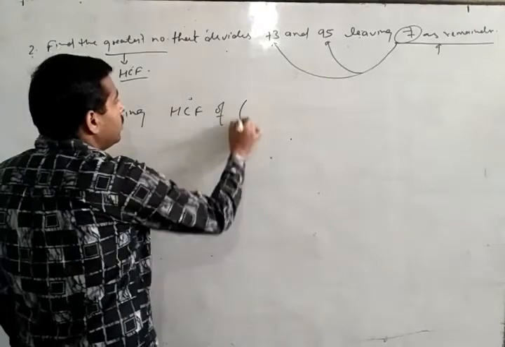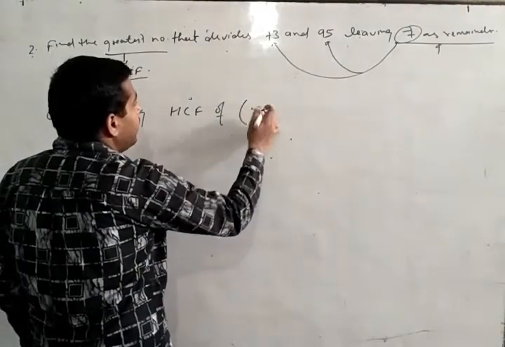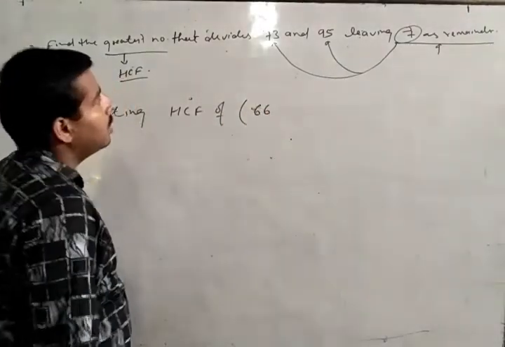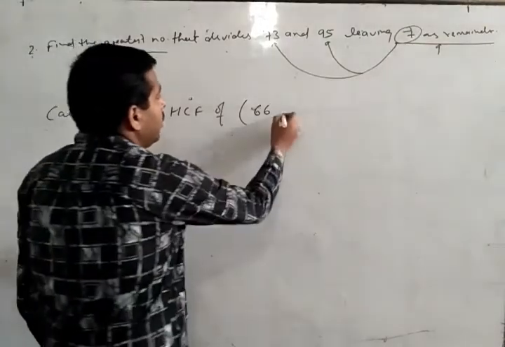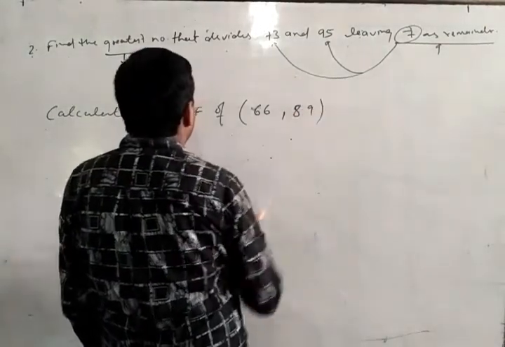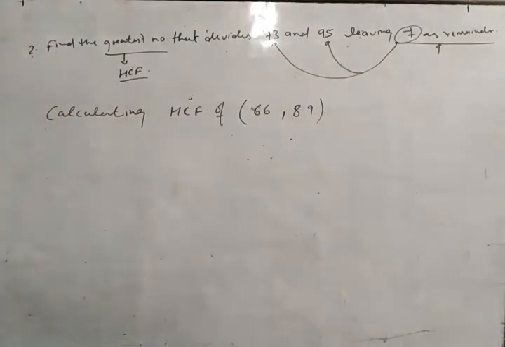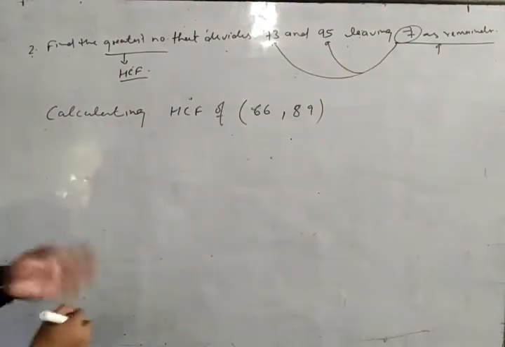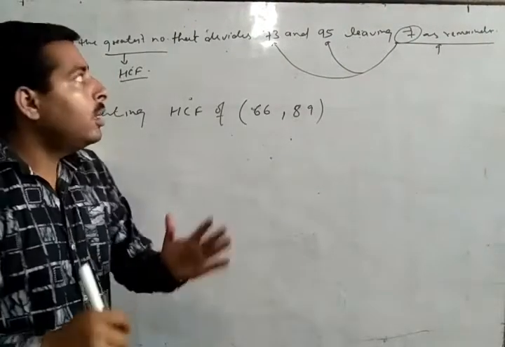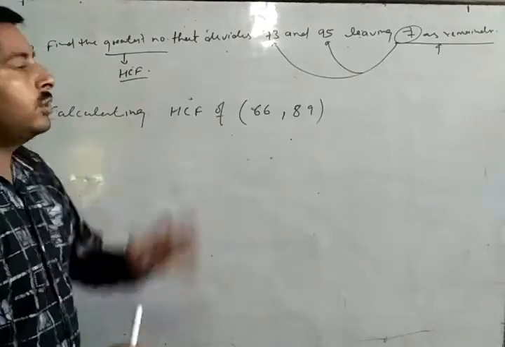which gives you 66 and 88. Means you have to calculate the HCF of 66 and 88 to get the answer of this question.